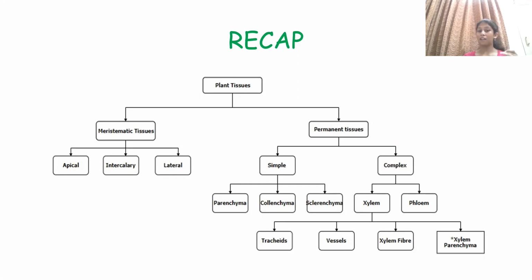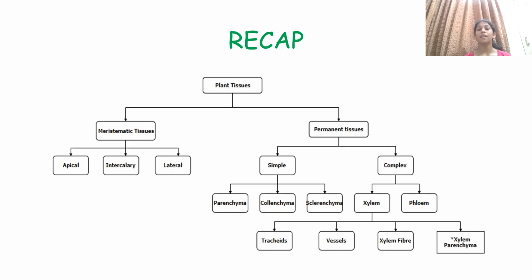Parenchyma is classified into two types, that is chlorenchyma and aerenchyma. Complex permanent tissue is divided into two types, that is xylem and phloem. Xylem is divided into four elements, and phloem is also divided into four elements.